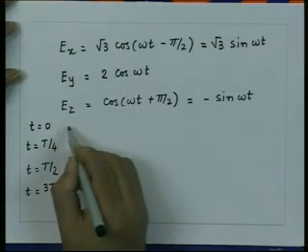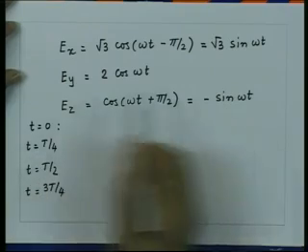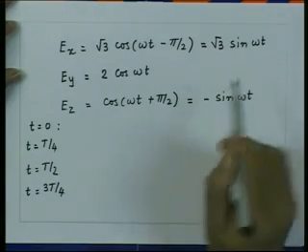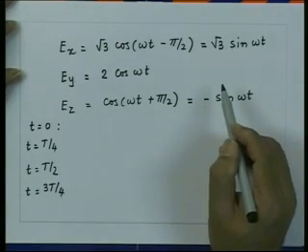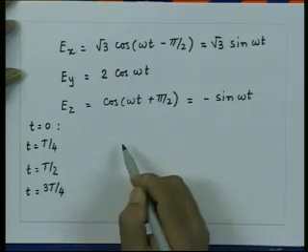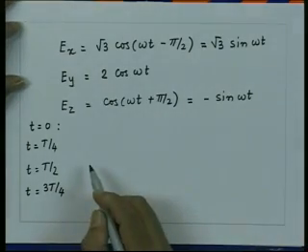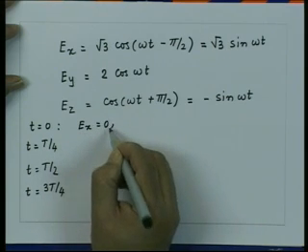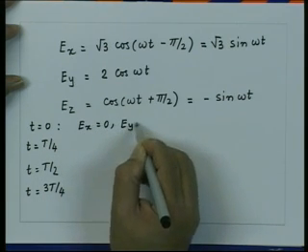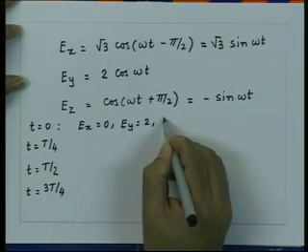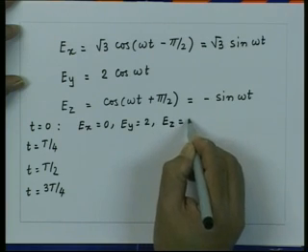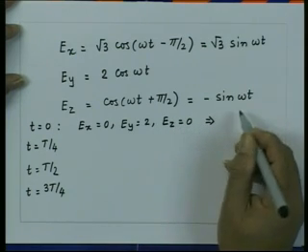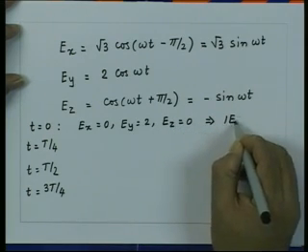At t equal to 0, this field will be 0, this field will be 2, and this will again be 0. So E x equals 0, E y equals 2, and E z equals 0, giving mod of E equal to 2.